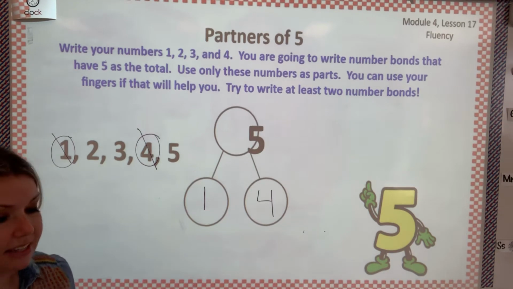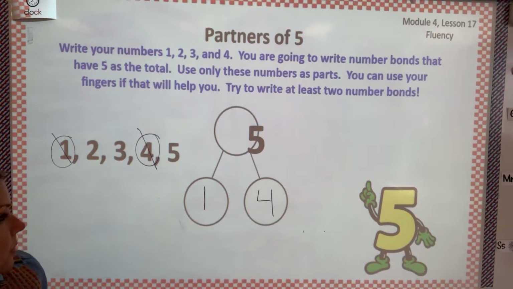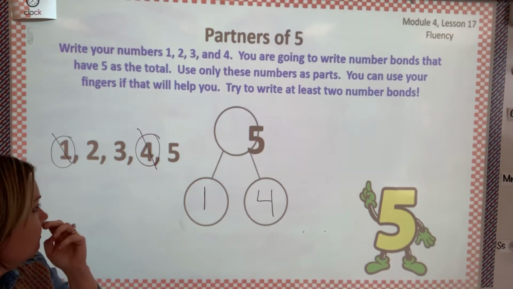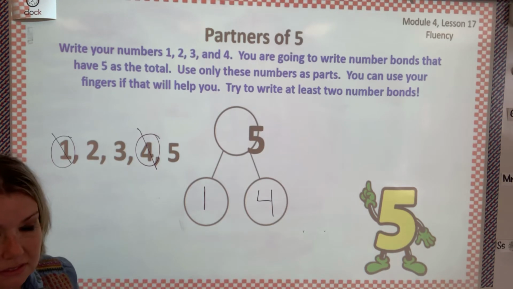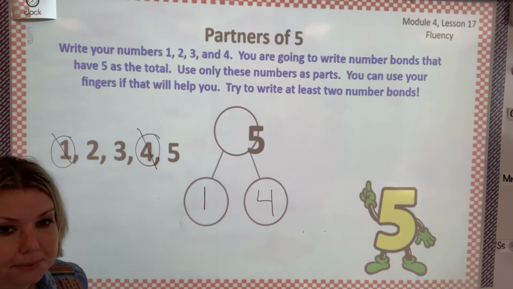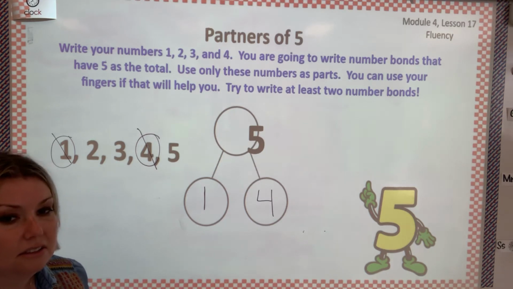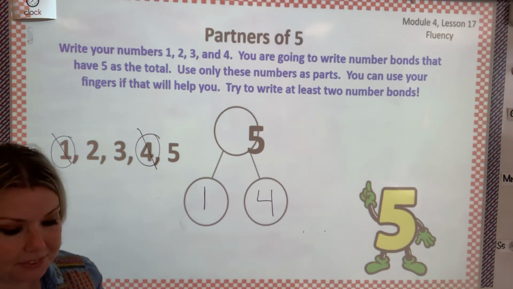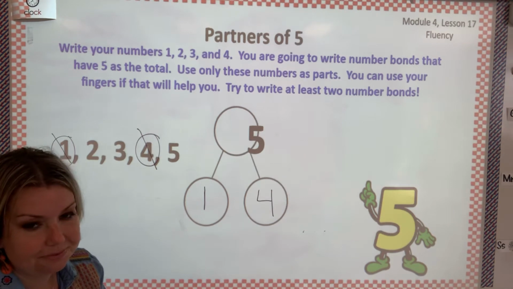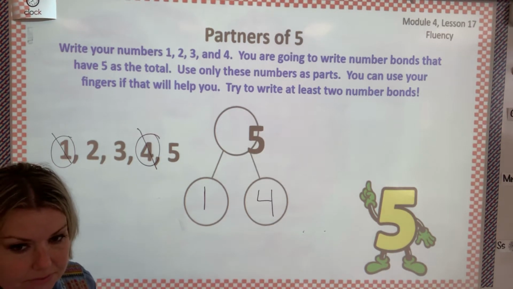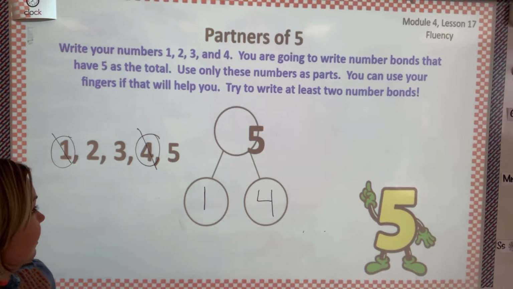Someone raise their hand and tell me another way to make 5. DJ. 2 or 3. All right.